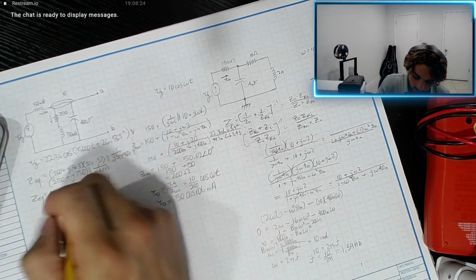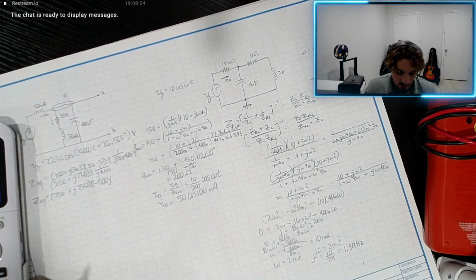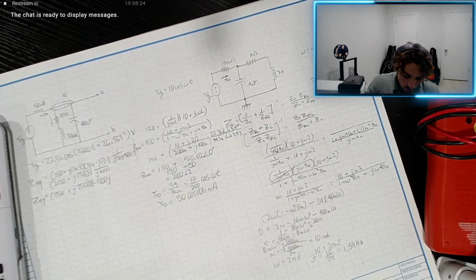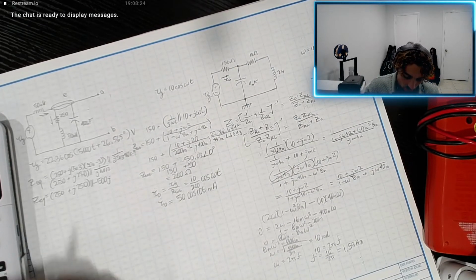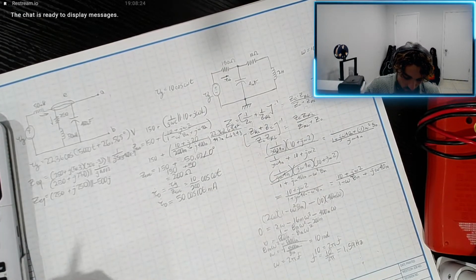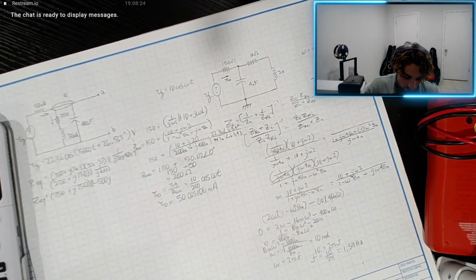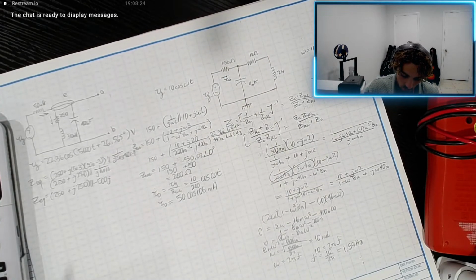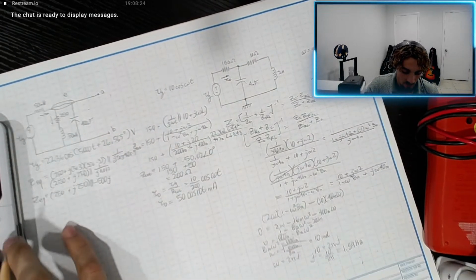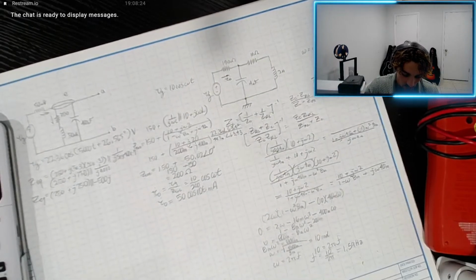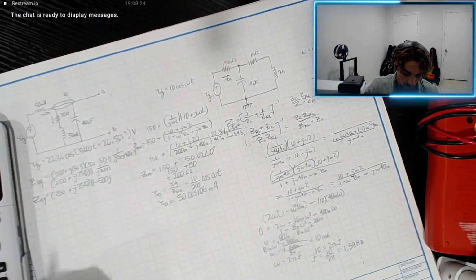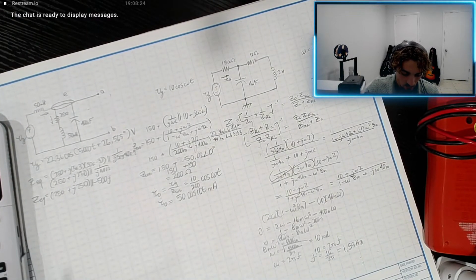Alright. So let's just do this on the calculator. It's just a parallel equation. So we're going to have parentheses 250 plus j250, to the negative 1, plus parentheses negative 500j, to the negative 1, to the negative 1.